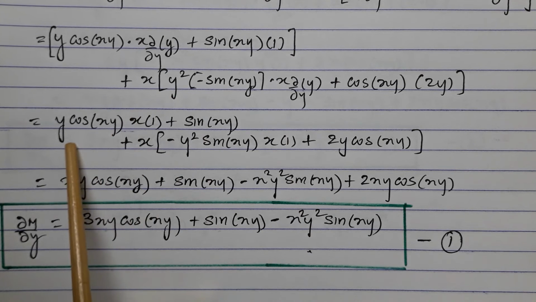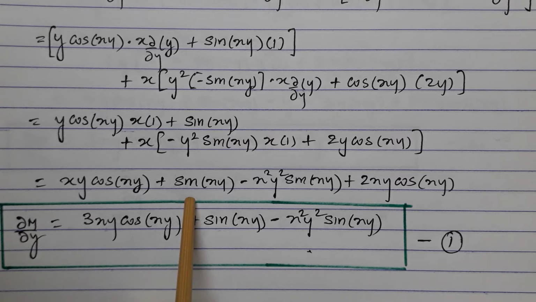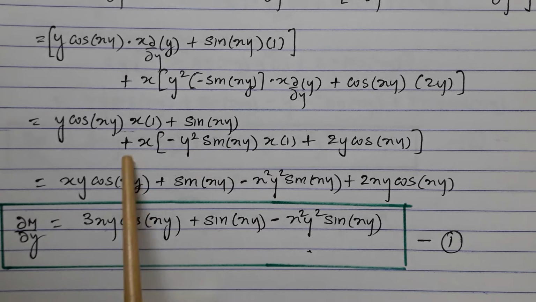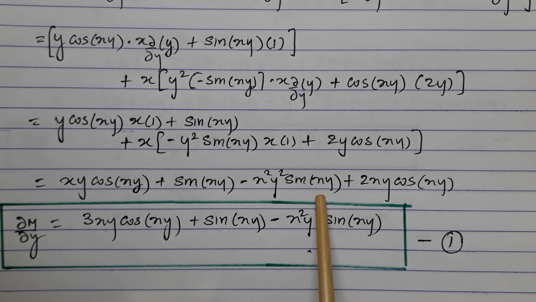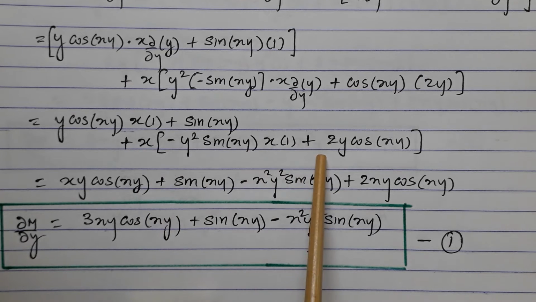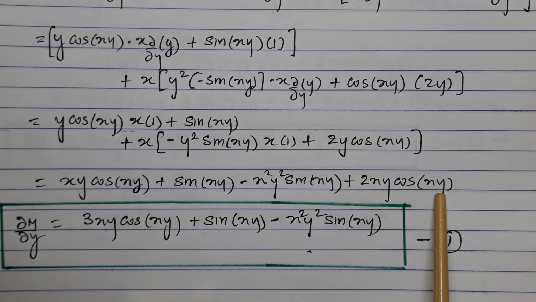Now this can be written as xy cos xy + sin xy, and opening the bracket here, this would be x² minus x²y² sin xy plus 2xy cos xy.